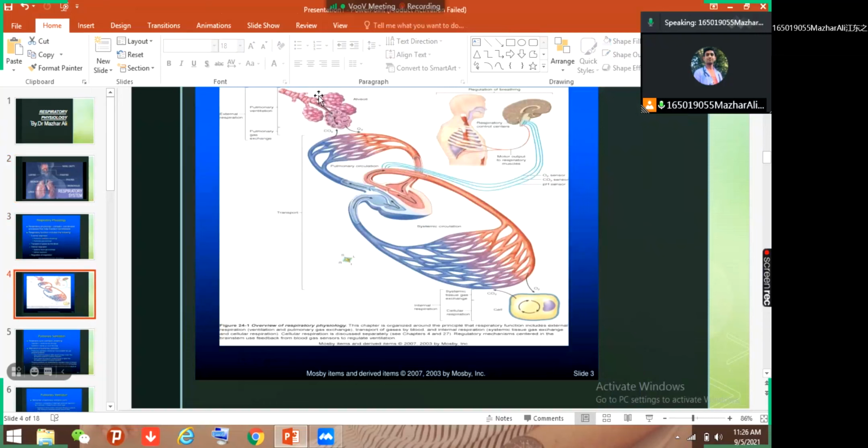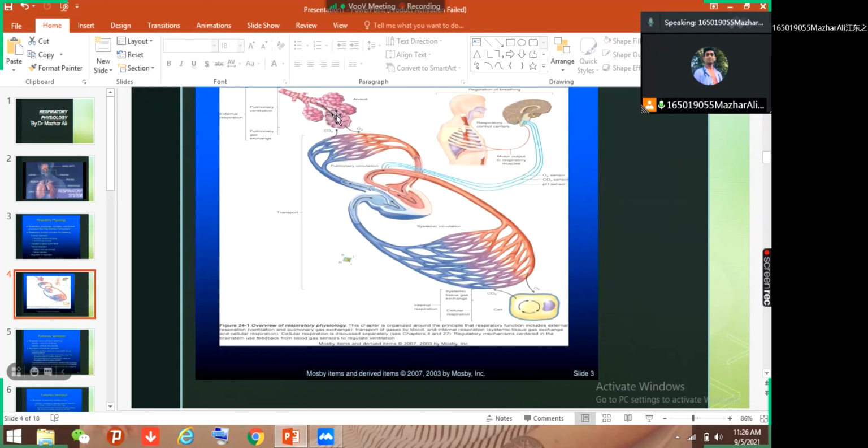This is the alveoli. This is pulmonary ventilation, and this is the gas exchange that happens. It is how oxygen comes into the alveoli and how carbon dioxide leaves the blood into the alveoli. This process between the alveoli and blood we call gas exchange.